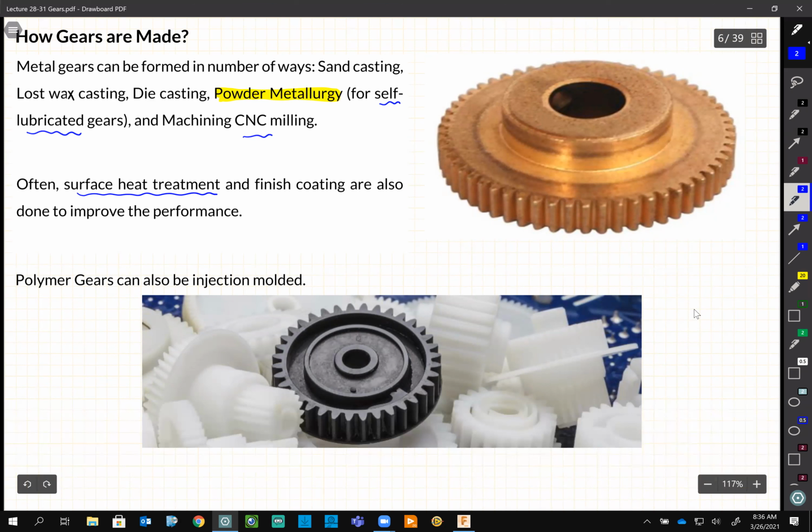The outer surface has to be hardened enough. Otherwise, it breaks and gets damaged and is not going to work properly. Or people put a coating on it to make the surface harder. And as I said, if they are plastic or polymer, then they can be made by injection molding, which is used for most of the toys, and they are super, super cheap.